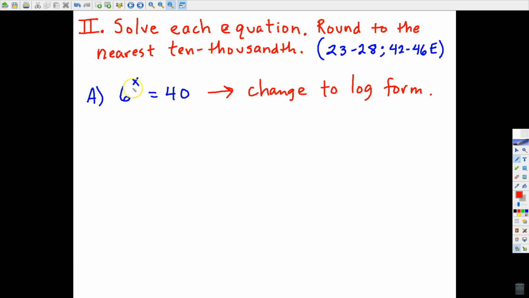So in log form, log equation form, it would look like this. Log base 6 of 40 equals our required exponent, the exponent that we're trying to solve for, which in this case is called x.